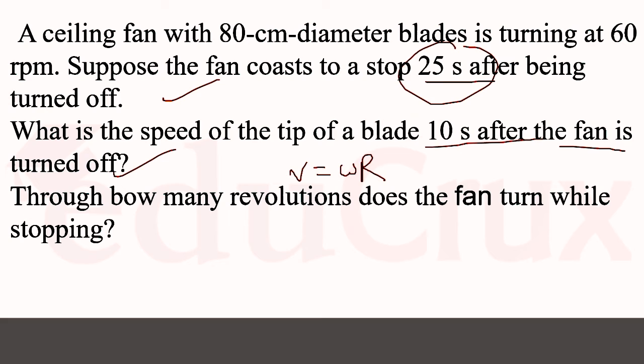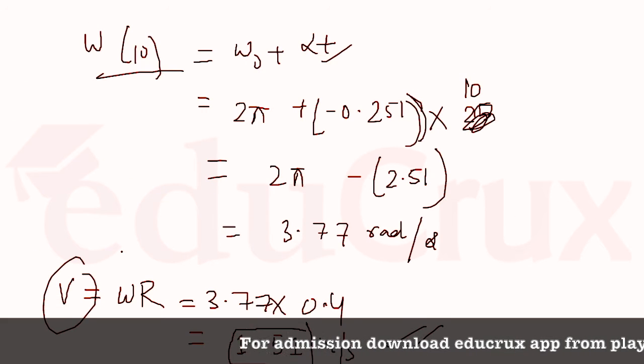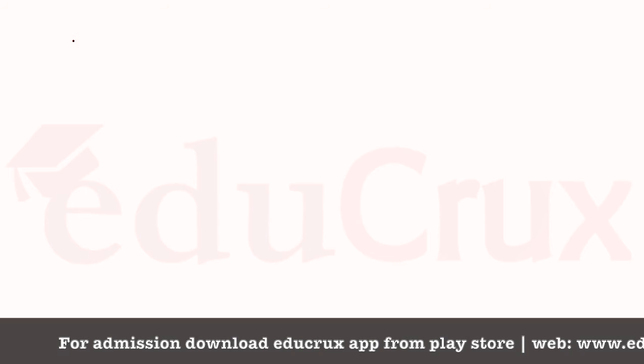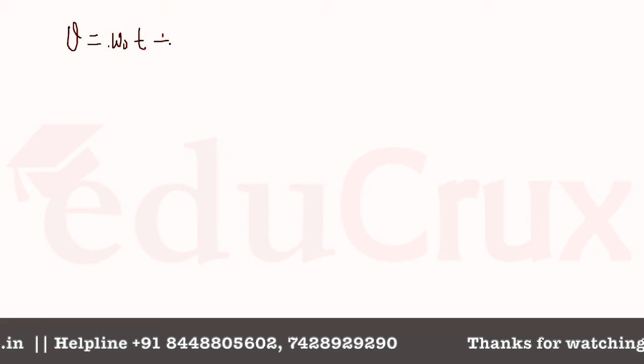Second part says, this is not B, this is how many revolutions does the fan turn while stopping? So we need to calculate the total theta, and we'll divide it by 2 pi to calculate the number of revolutions. Theta is equal to omega naught t plus half alpha t square.